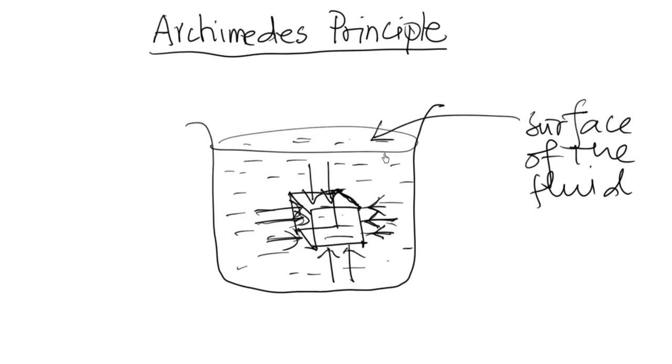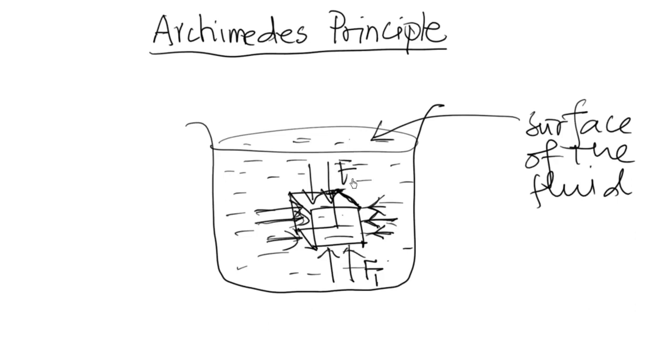However, the upward force, let us say F1, this upward force on the block due to the fluid pressure from below, and the downward force F2 due to that from above the block do not cancel.